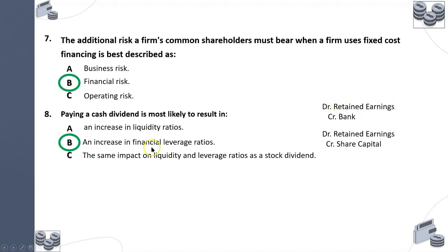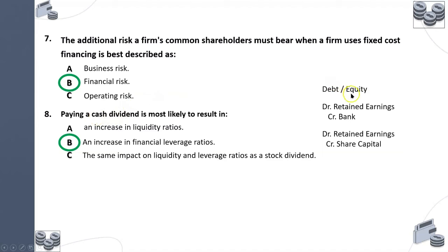When I calculate the financial leverage, I divide debt by equity. There is no change in debt following this cash dividend, but there is a change in equity. Now equity is less. If you are dividing the same amount by a smaller figure than before, it will increase the outcome. Why is equity less? Because we reduce the retained earning.